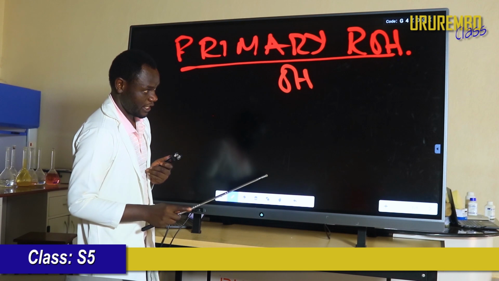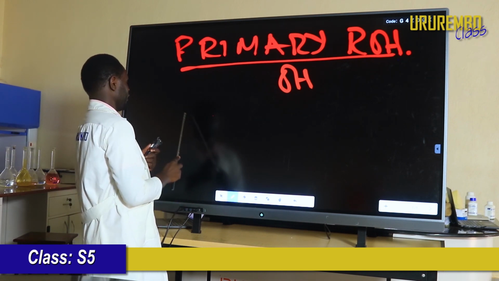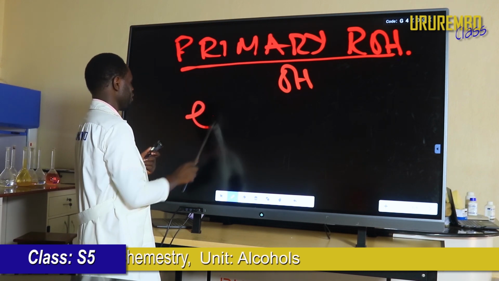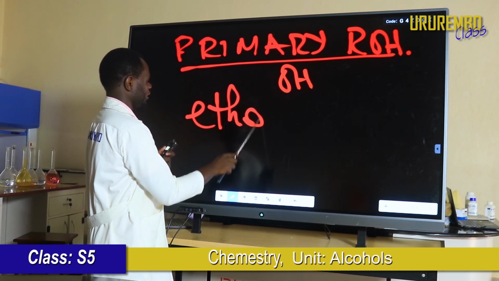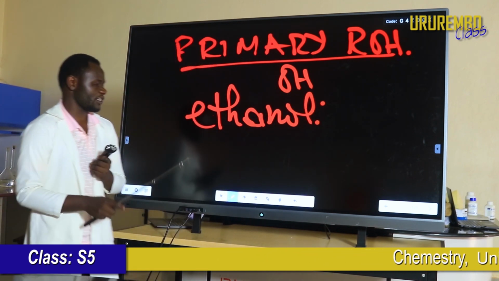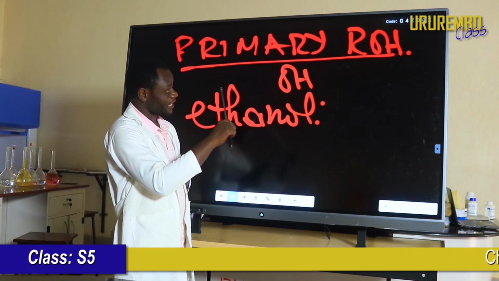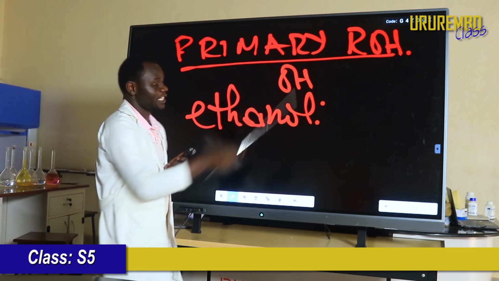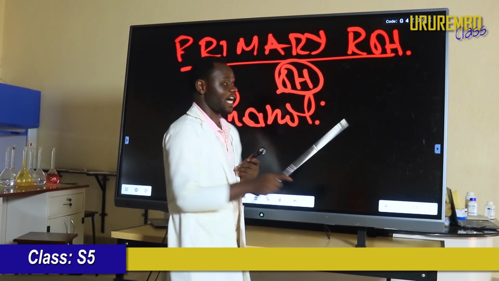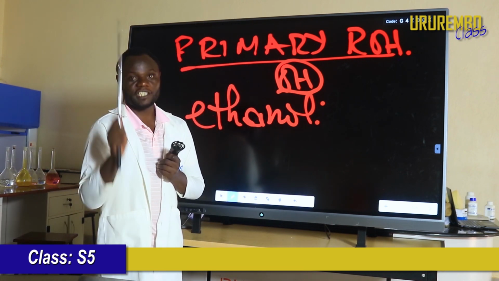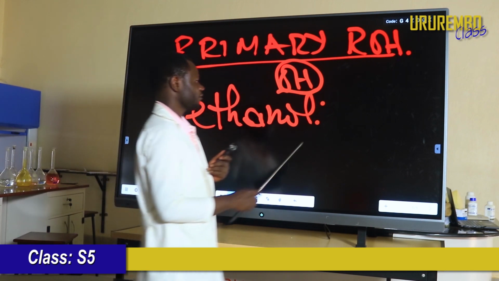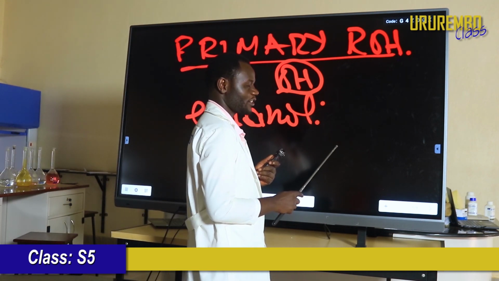Let us give you an example. Example of primary alcohol is ethanol. The structure of ethanol is CH3CH2OH. If it is a primary alcohol, this OH group is directly attached to only one carbon.